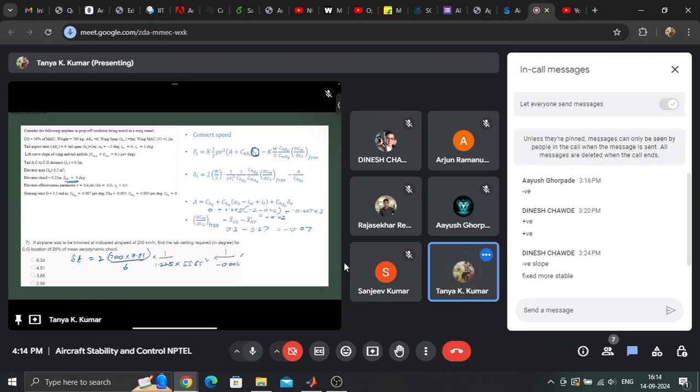CH delta E minus 0.007 by minus 0.022, into this was minus 0.07. Minus of A was minus 0.02 by CH delta E, minus 0.003. Can you calculate and let me know what value you're getting?